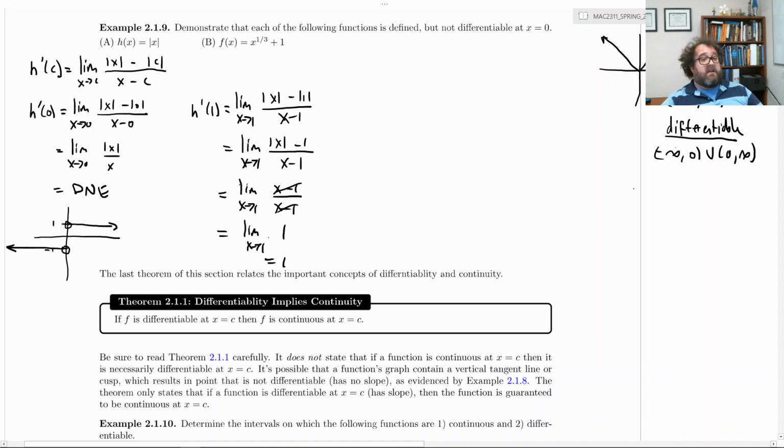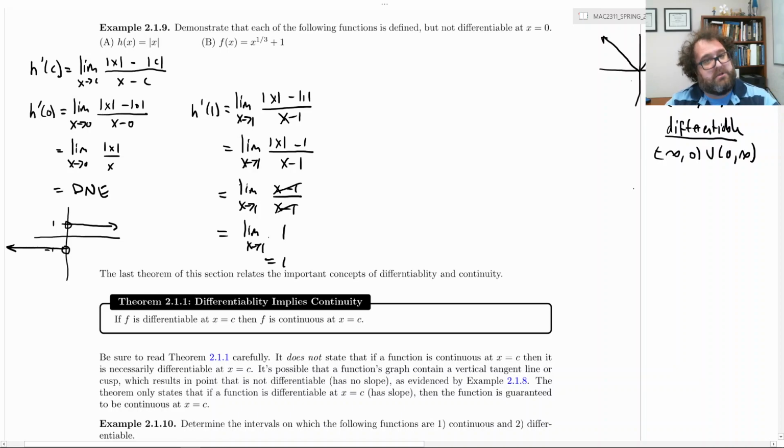That's the domain of the derivative intersect the domain of the original. The domain of the original is all real numbers. The domain of the derivative is all real numbers except for 0. If you take the intersection of those two sets, you get where the function is differentiable, which is all real numbers except for 0. What we have here is what we call a cusp, a sharp turn.